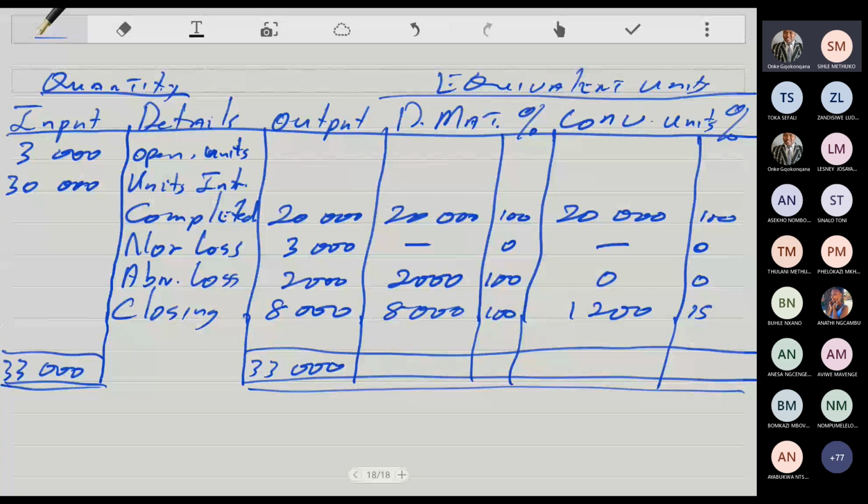Coming to the direct material, it will be 30,000. Then our conversion, 20,000 plus your 1,200, will be 21,200. So these are your total equivalent units that you are going to have in total.